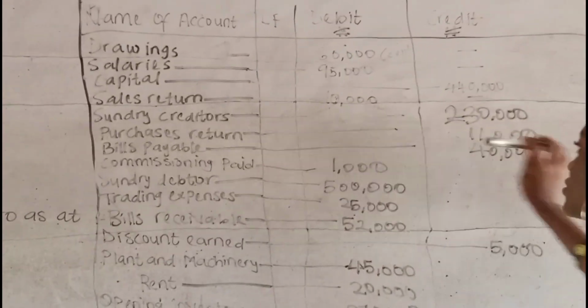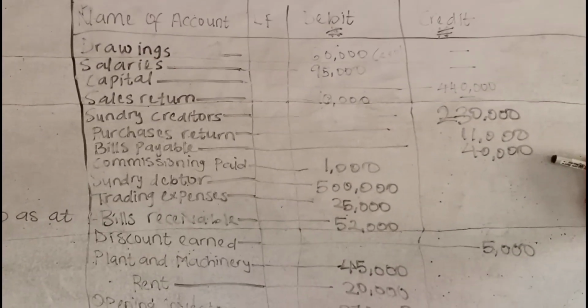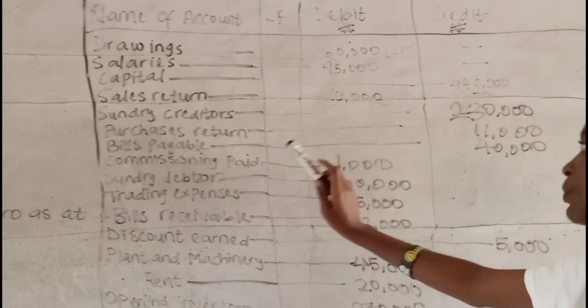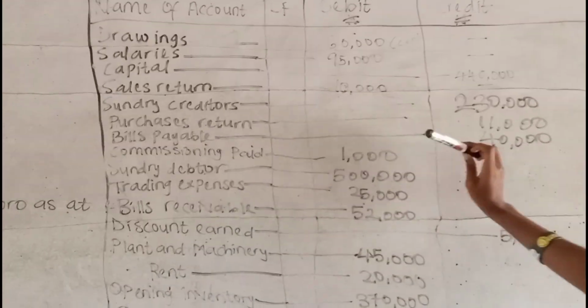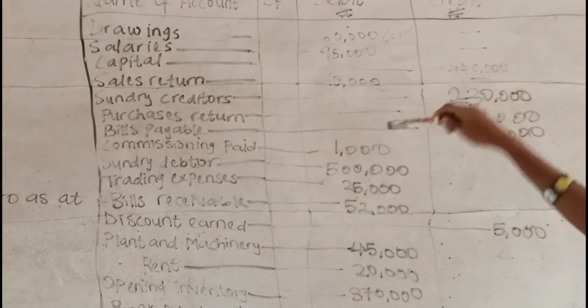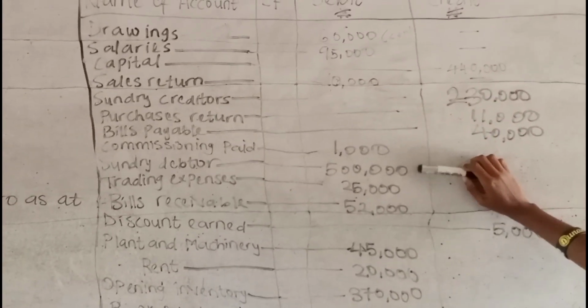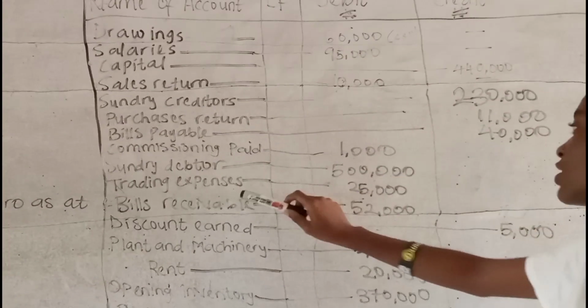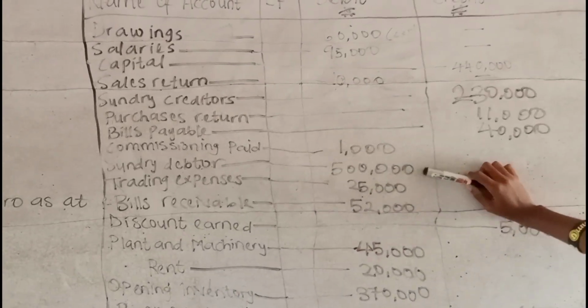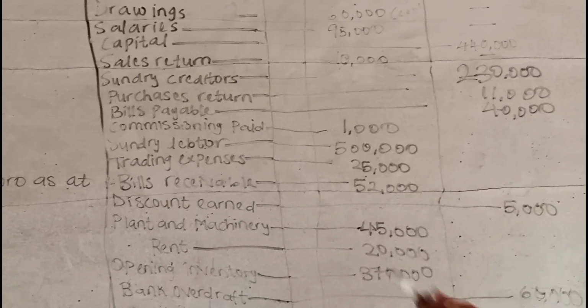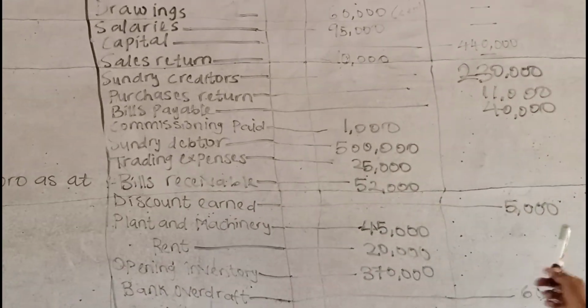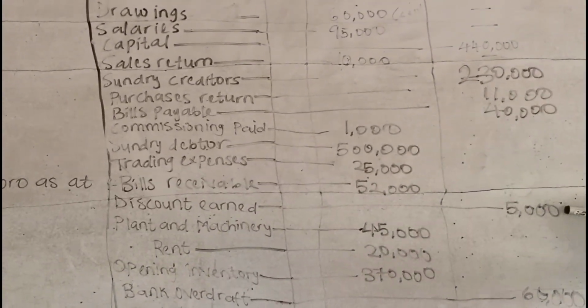Bills payable 40,000 also at the credit column. Commission paid 1,000 naira. Sundry debtors, those Mr. Okoro is owed, 500,000. Your trading expenses, an expense, 25,000. Bills receivable 52,000. Discounts earned from customers 5,000 naira.